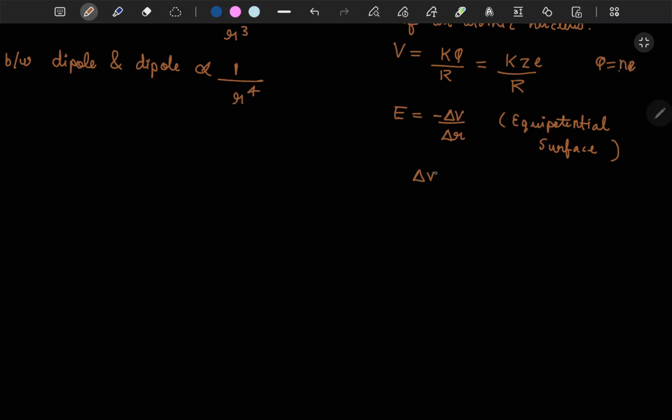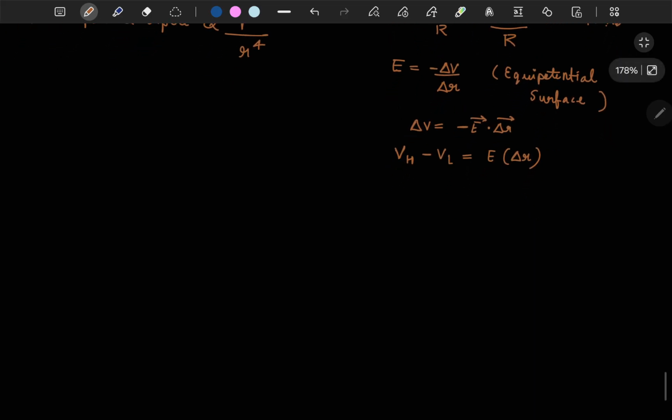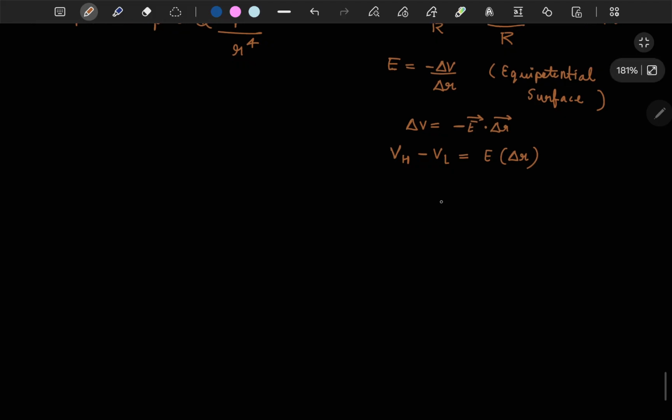So delta V we can find from here, minus E vector dot delta R vector. So the higher potential minus the lower potential is equal to E into delta R. Use it to apply on the equipotential surfaces only.